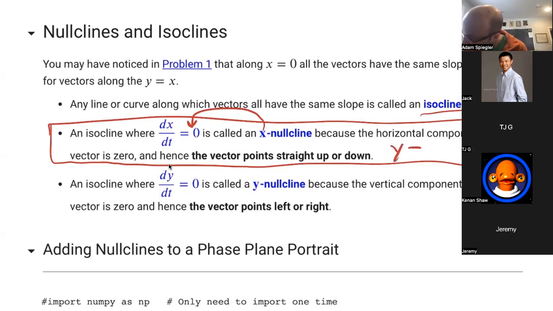And these were located on the line y equals x in the previous example. And a y-nullcline is going to be a line where all of the vectors on that line have no vertical direction, and they just point directly to the left or to the right. That was the line y equals 0 for us.